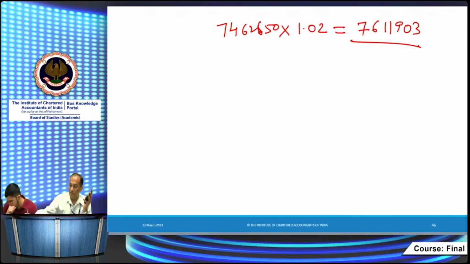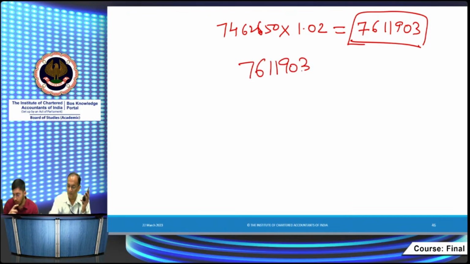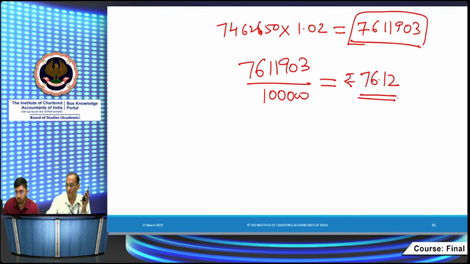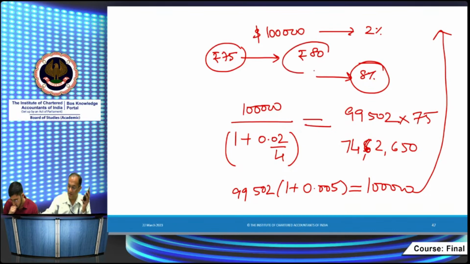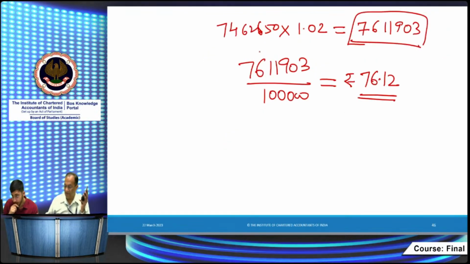So ultimately you see that your outflow is 76 lakh. According to this, the effective rate you are paying per dollar is 76.12, because your apprehension was that the dollar may go up. So by this, ultimately you have frozen your rate at 76.12.